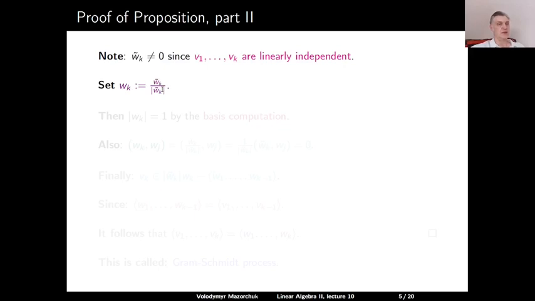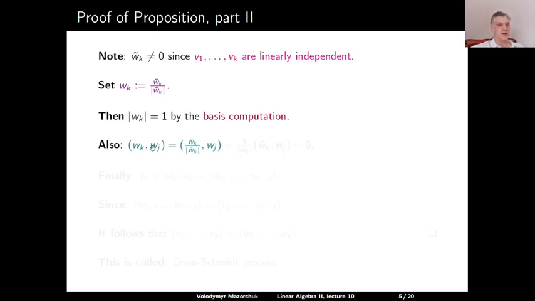And the same computation as we did for the basis of the induction shows that wk has length 1. And of course, this wk is orthogonal to all other vectors wj, where j is smaller than k, as in the previous slide. So we can compute this. So wk is wk tilde divided by the length of wk tilde.